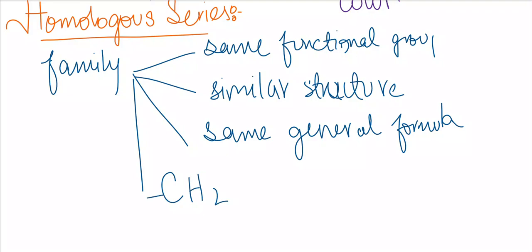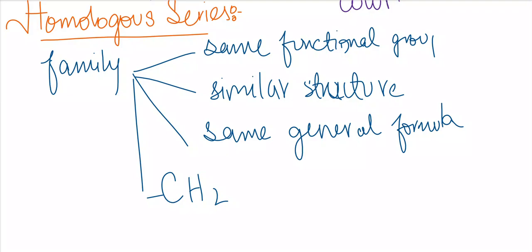They display a trend in their physical properties and they share similar chemical properties. So we have several families of homologous series: alkanes, alkenes, alkynes, and also carboxylic acids and alcohols. They each have a different formula and similar chemical properties.